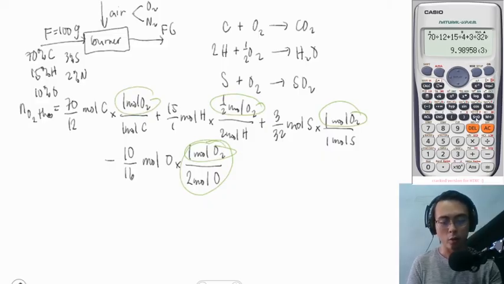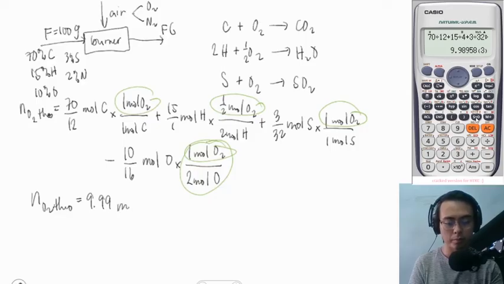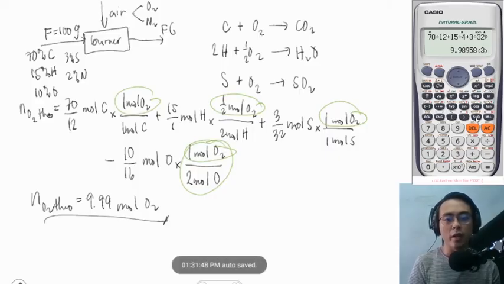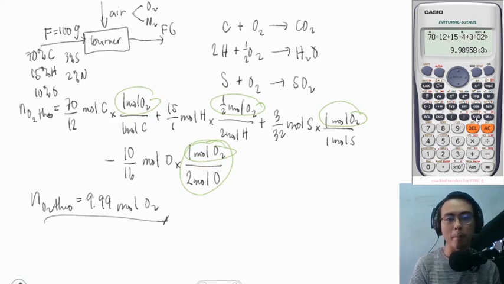So our O2 theo is 9.99 moles. Okay, so I have shown you different scenarios for the inclusion of oxygen in the fuel and when not to subtract that from your O2 theo.